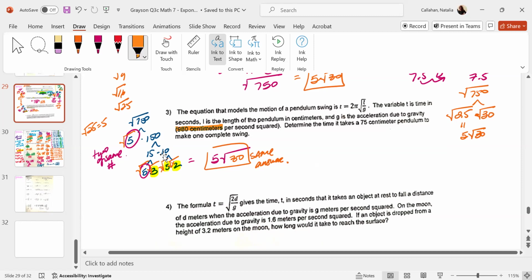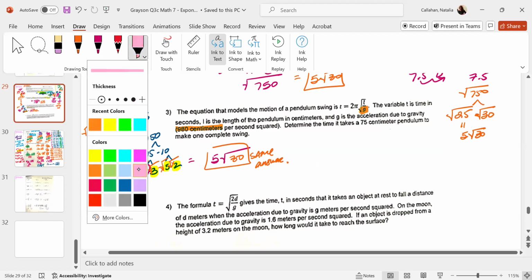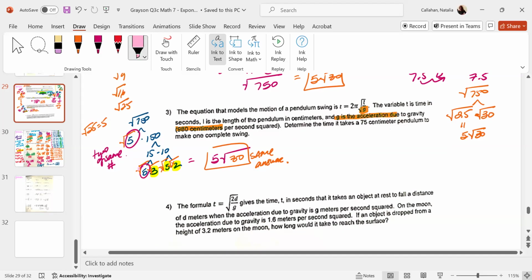What do you put, 180? I put 980 on the L. No, I think G. Isn't G acceleration due to gravity, which is 980?